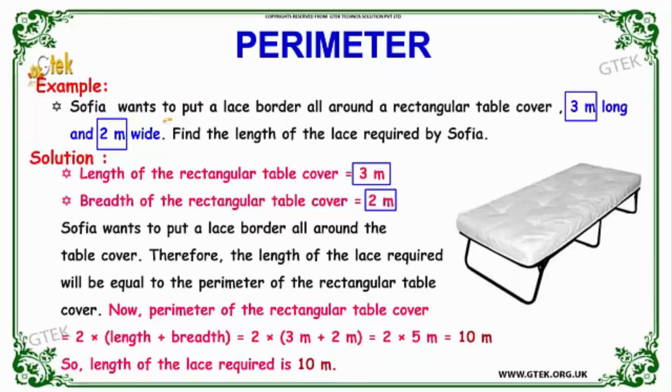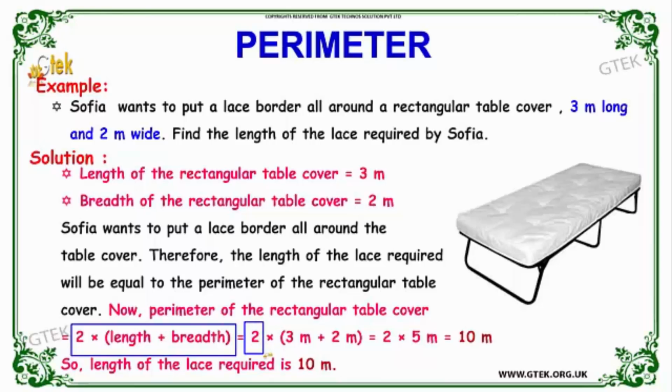As mentioned in the question, Sophia wants to put a lace border all around the table cover. Therefore, the length of the lace required will be equal to the perimeter of the rectangular table. In order to find it, we can use the formula for the perimeter of a rectangle, that is 2 into (L plus B), 2 multiplied by length plus breadth. 3 is the length, 2 is the breadth. 2 into (L plus B), that is 2 into 5.